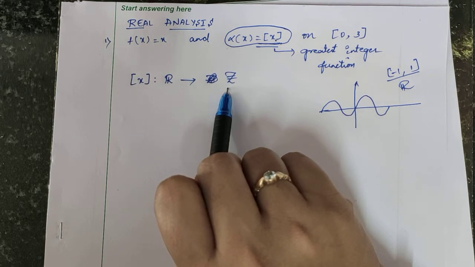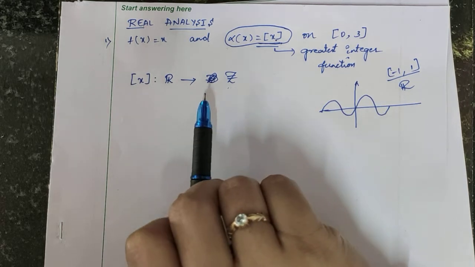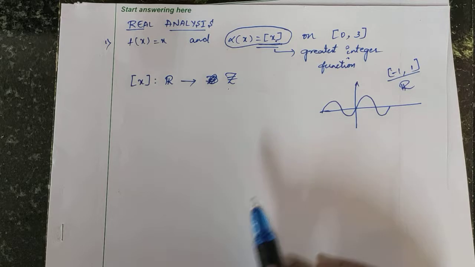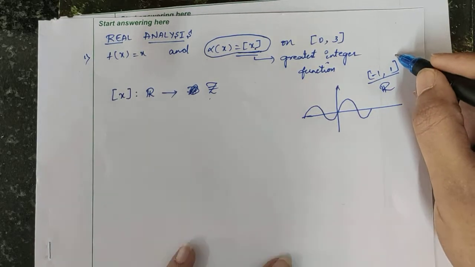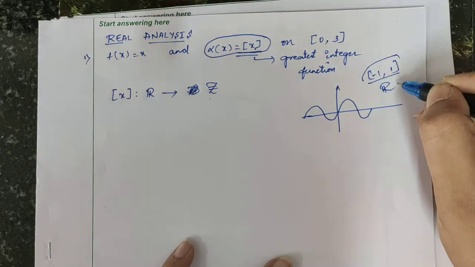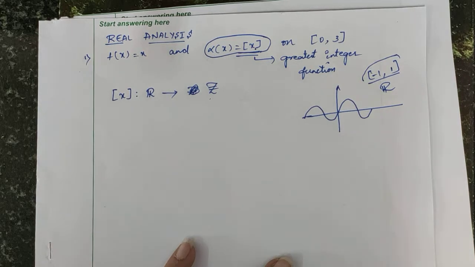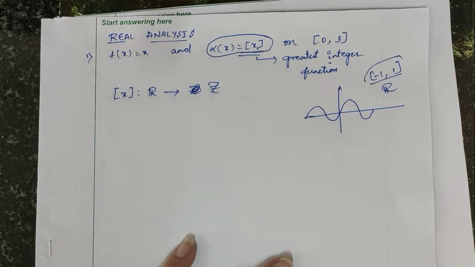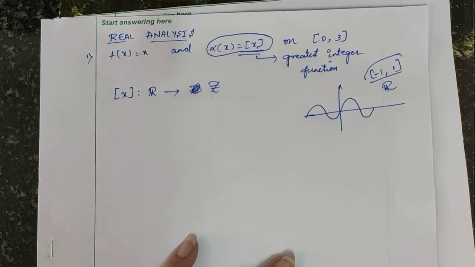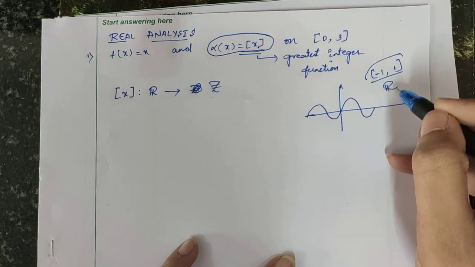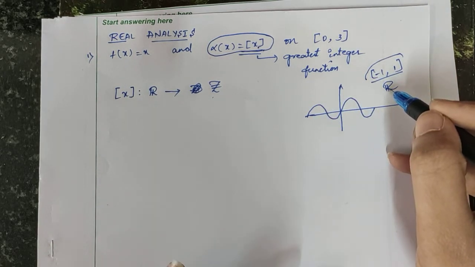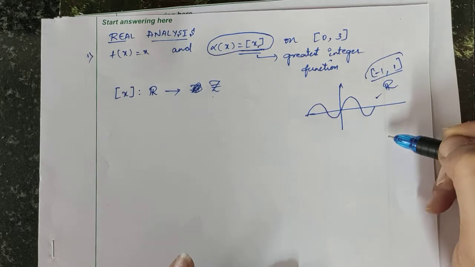As we know, if I consider just a trigonometric function like sin x or cos x, there the domain will be R and the range will be -1 to 1, and in that interval you will get a graph in this way, right?